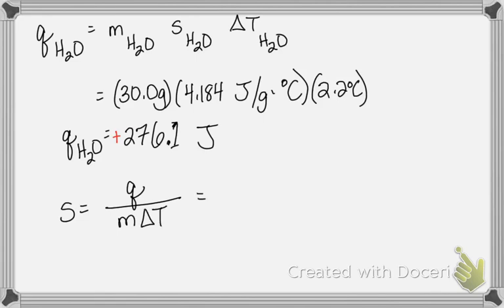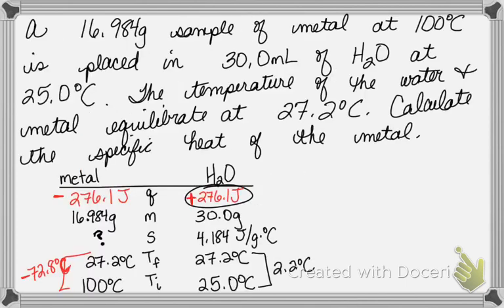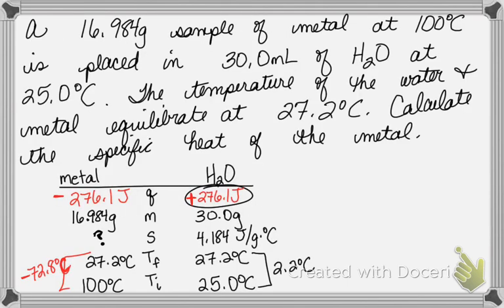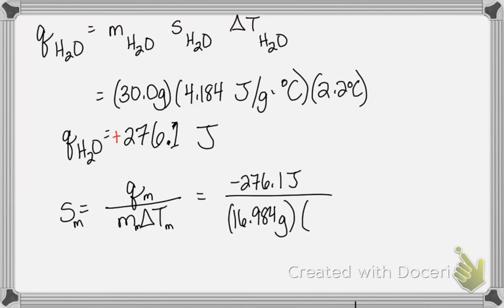And so this is all about the metal. I'm going to put a little m here to remind everyone. These are metal numbers. The Q of the metal is negative 276.1 joules. The mass of the metal is 16.984 grams. And the ΔT for the metal is negative 72.8 degrees Celsius.